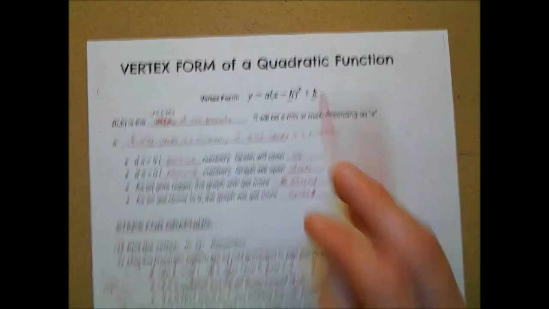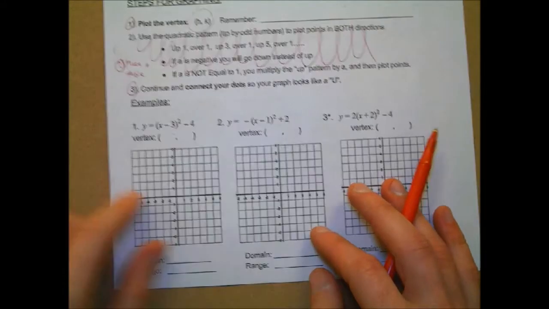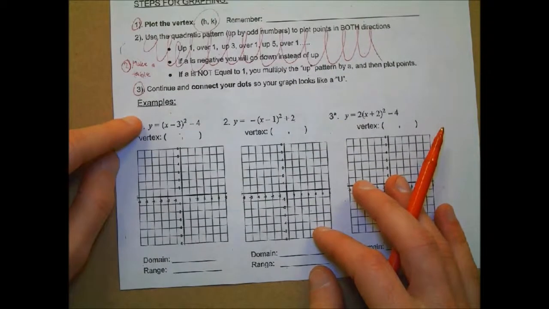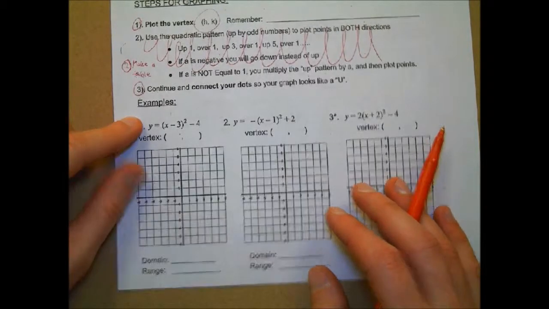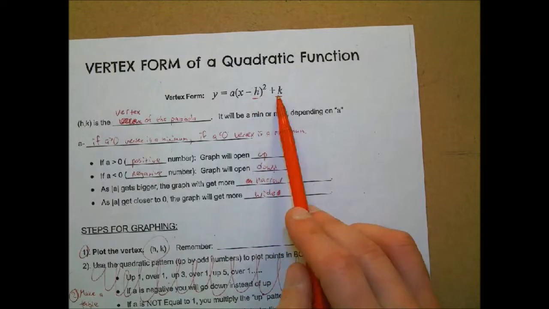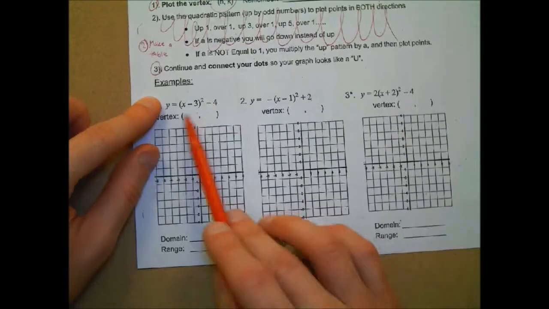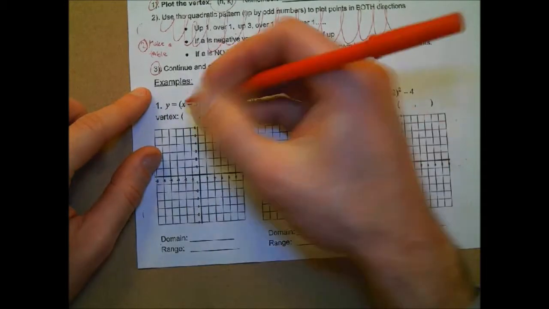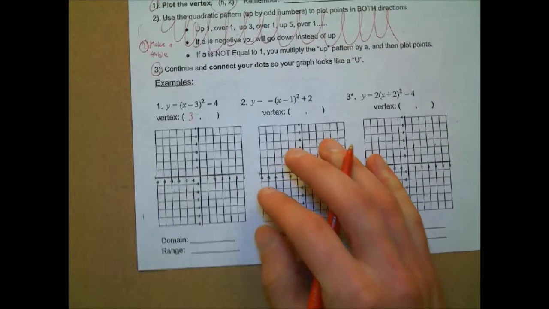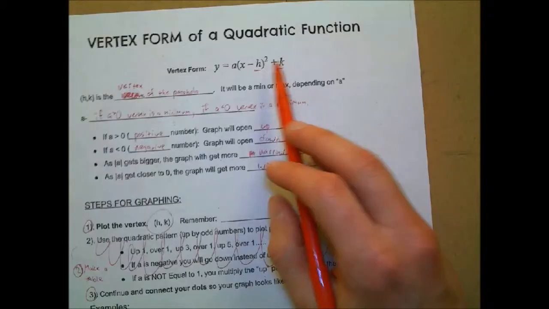What is our h here? Look up here, there's h, there's k. Positive 3, not negative 3, because to have the h, you need a minus in front of it. So minus h, minus 3, 3 is our h.